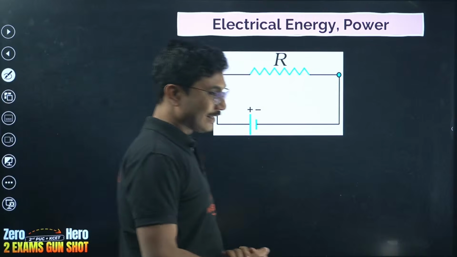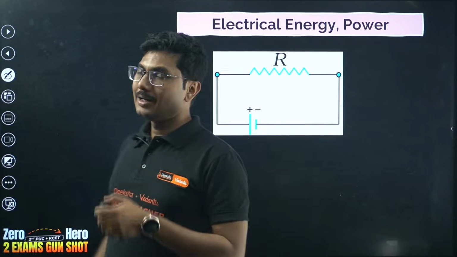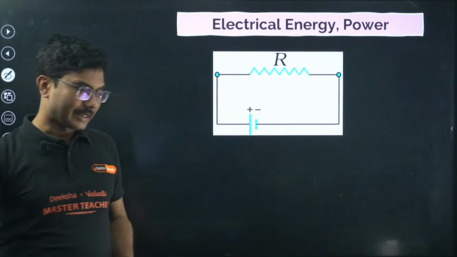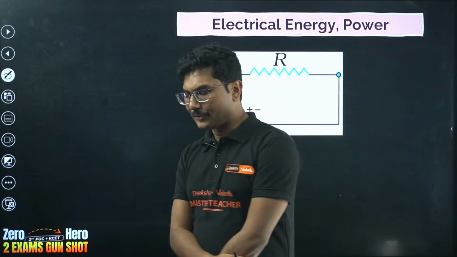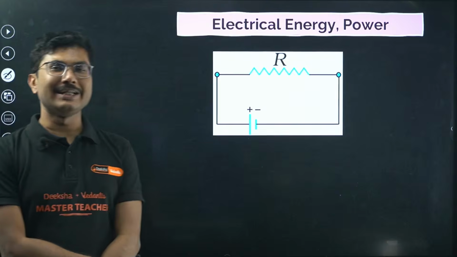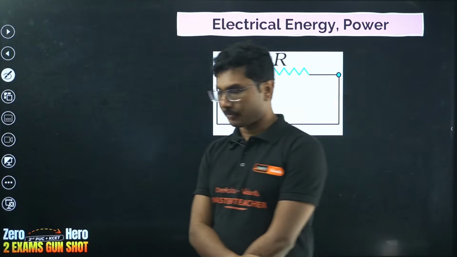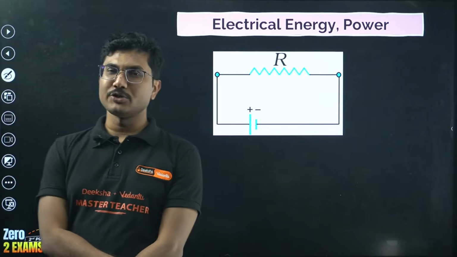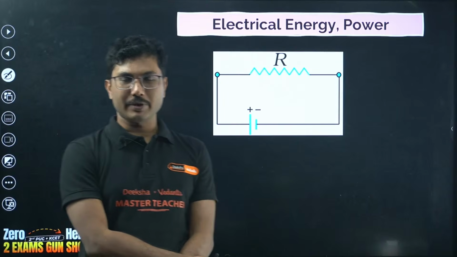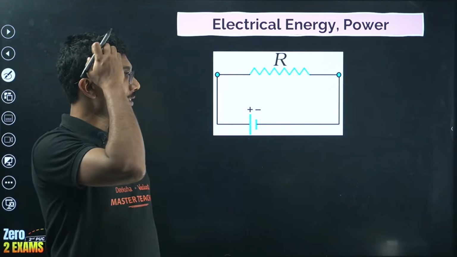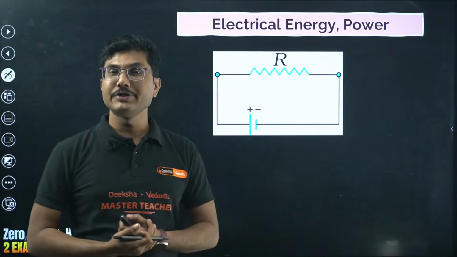Now electrical energy and power. Whenever you are using current in a circuit, it consumes something which is called power. If you are using a fridge or AC or any electrical gadget, you will see that there is something called power consumption. Based on the power it consumes, you pay an electricity bill to the electricity commission. So it depends on resistance, current and voltage, everything.